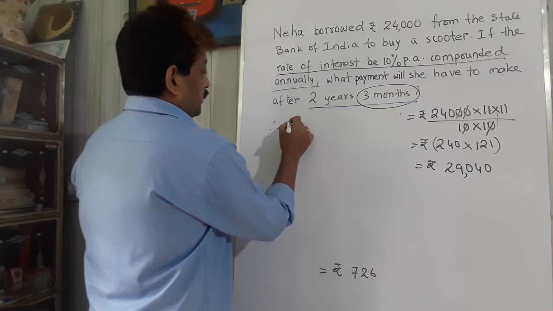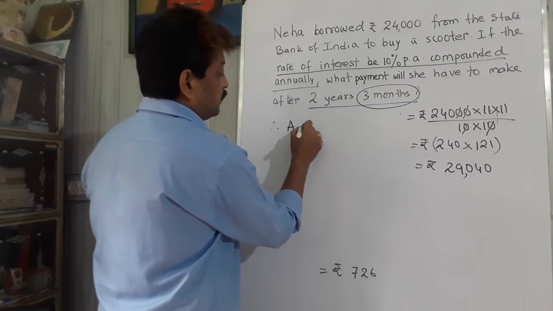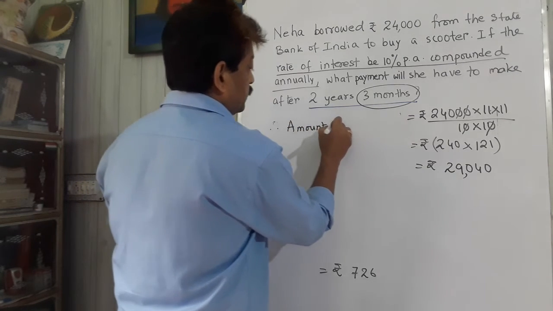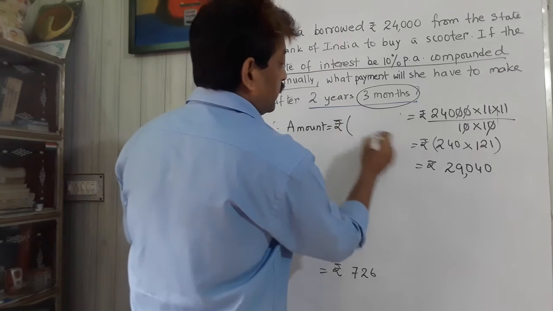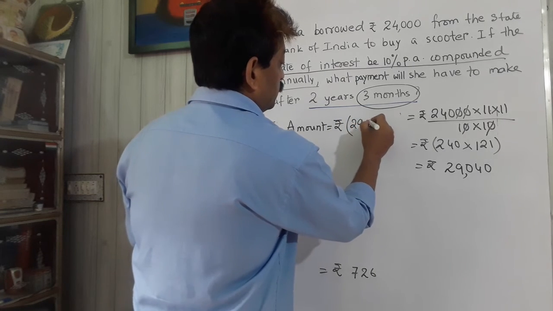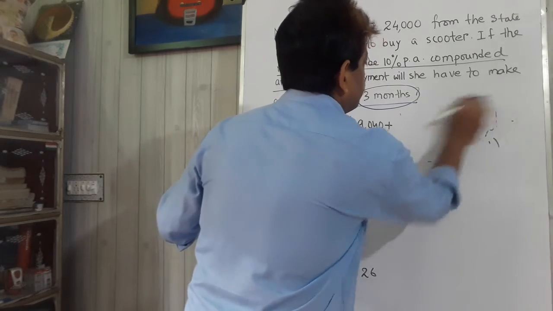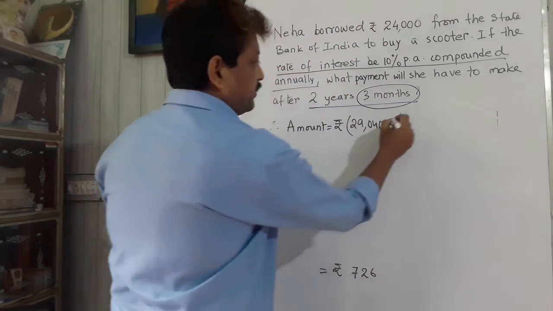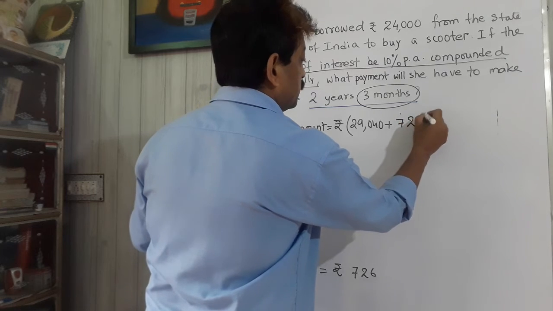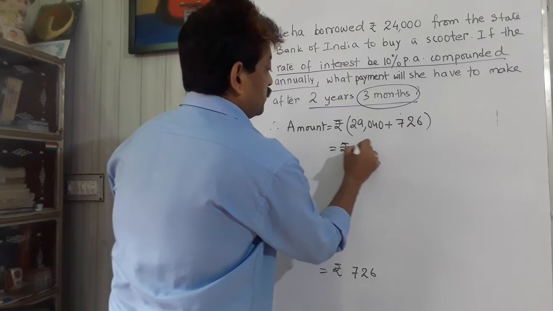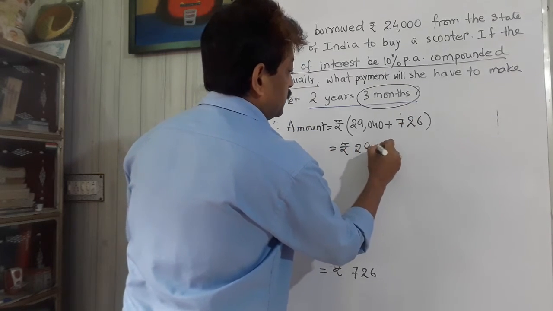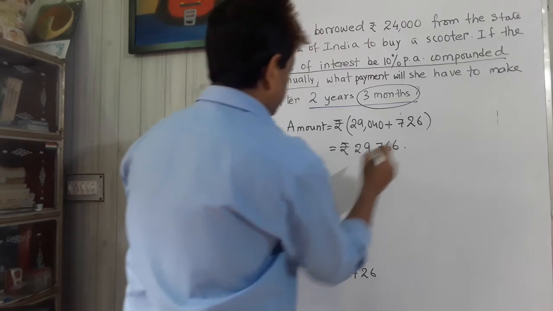Therefore the final amount, or the total amount, equals rupees 29,040 plus rupees 726, rupees 29,766.